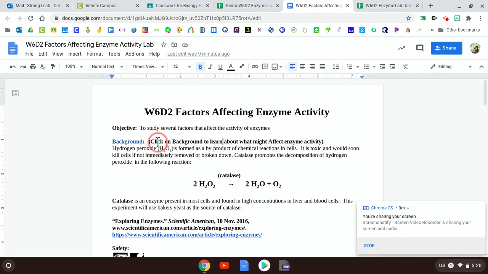Your objective is to study several factors that affect the activity of enzymes. Now, here's some background information. I'm going to have you stop and pause and look at this background information. Only spend about 5 or 10 minutes looking at it. Do not spend more time or you will fall behind.